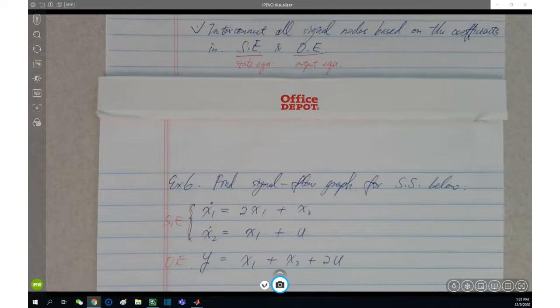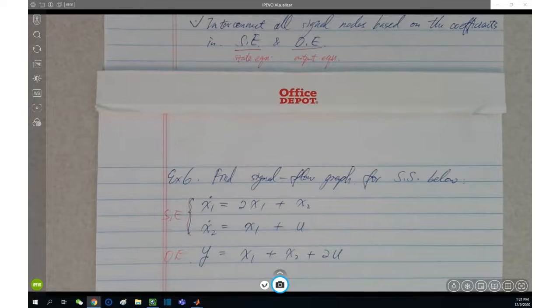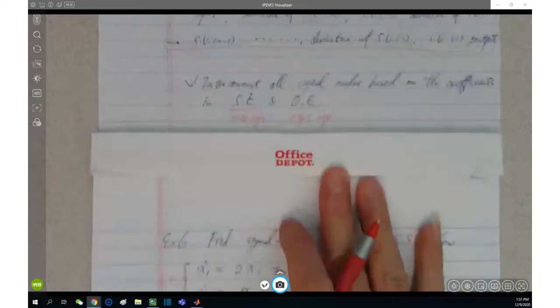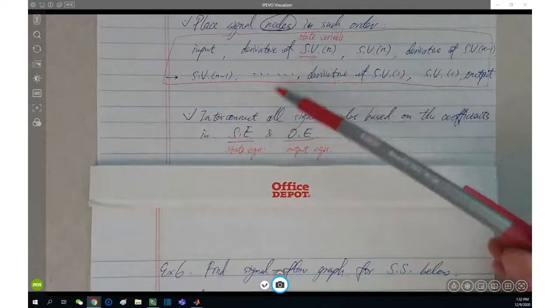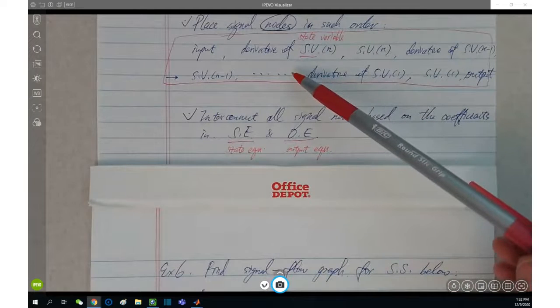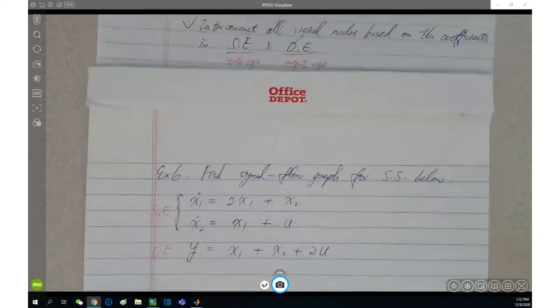How many state variables and who are they? Very good. Okay, Kevin is following very well. Going back to the procedure here, you're placing those signals, the state variable derivatives and the state variables themselves, so of course you need to identify them first.